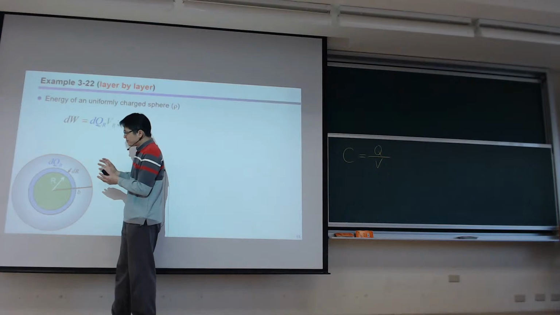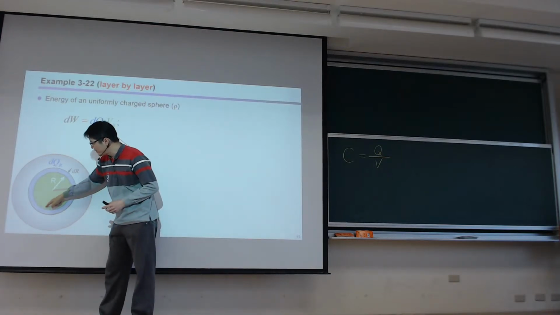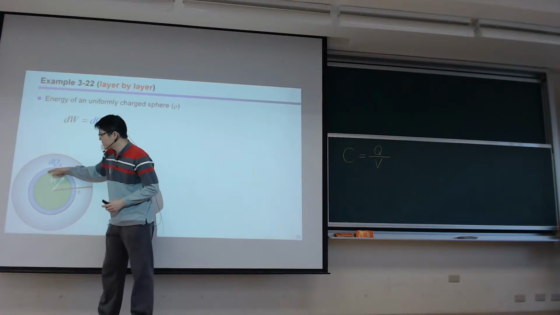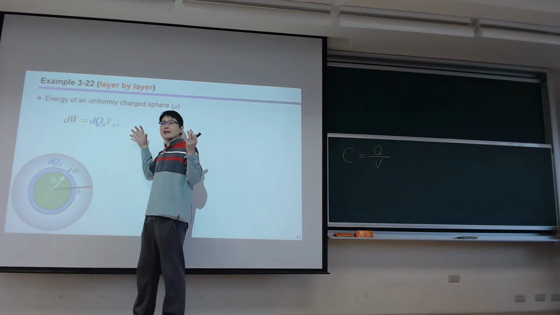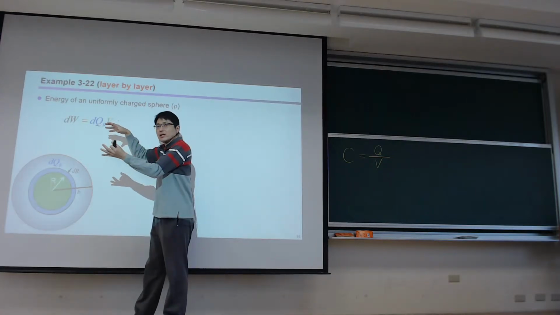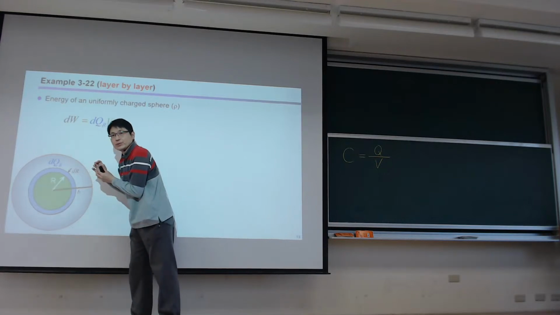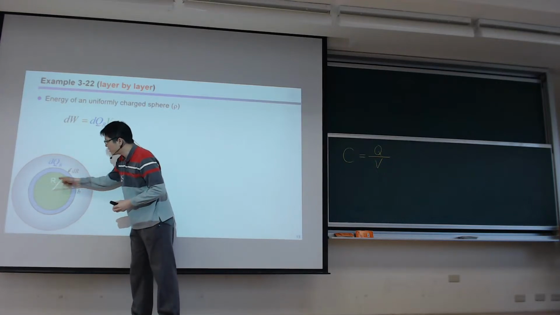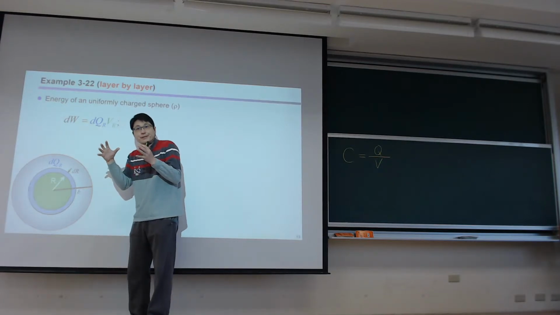In another sense, I can view the problem as, initially, I have this smaller sphere with a radius r, and now I add another thin shell of charges and cover it, so that now r is r plus dr. So the sphere is getting bigger.